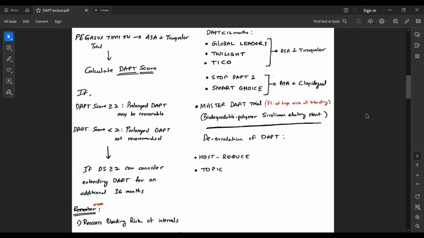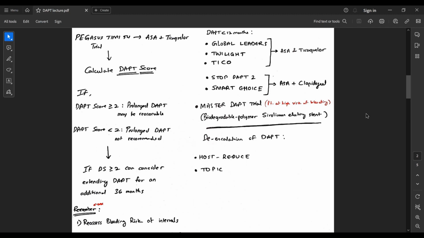The other one is the TOPIC trial. It was done on a smaller number of patients, about 646 patients, all with acute coronary syndrome. And in this trial, they compared patients who were receiving DAPT with aspirin and either prasugrel or ticagrelor for 1 month, followed by de-escalating it to aspirin and clopidogrel for an additional 11 months.